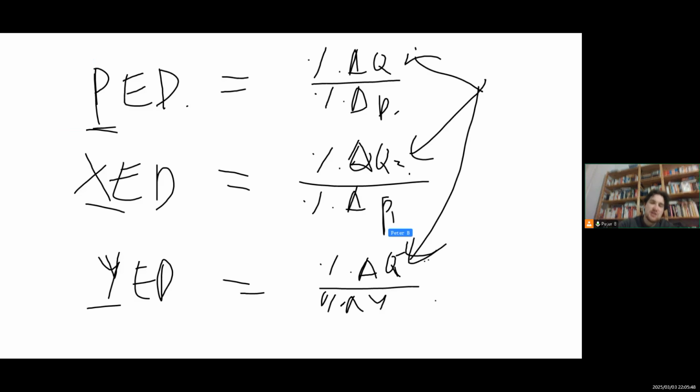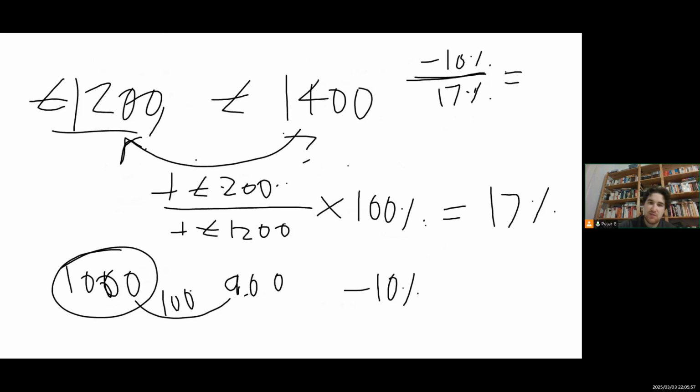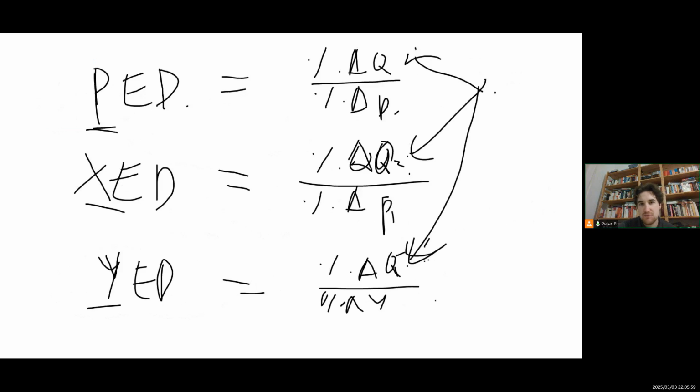We're always interested in how it affects the quantity demanded, so that's always on the numerator. And that's a brief overview of how you'll be working out specific values.